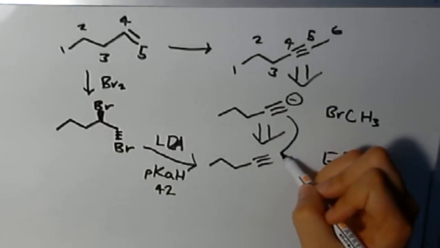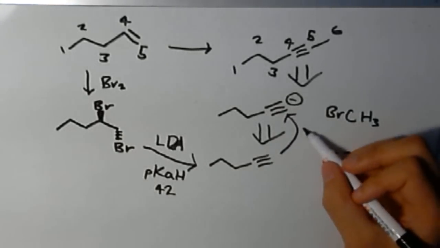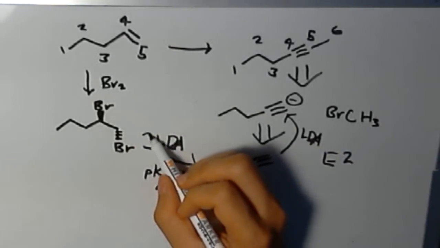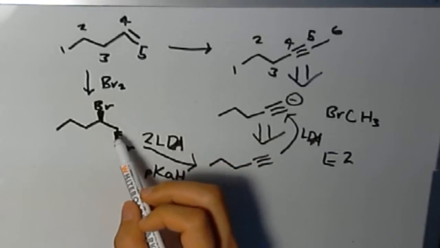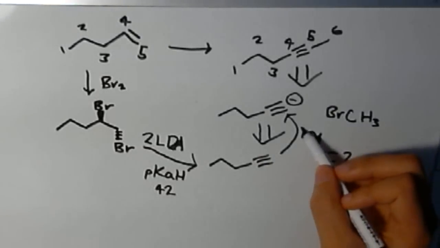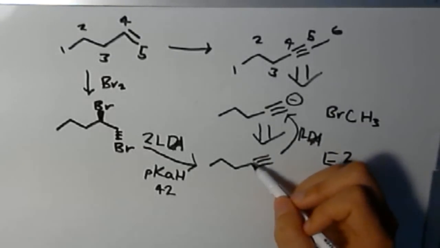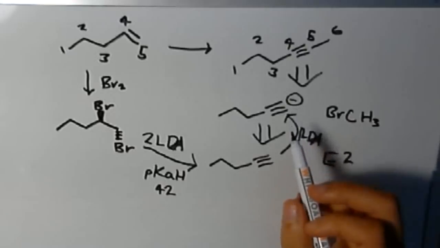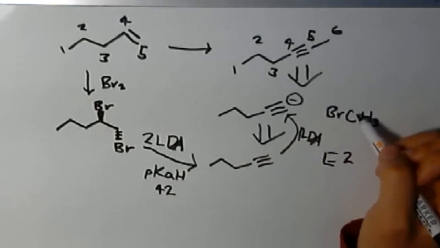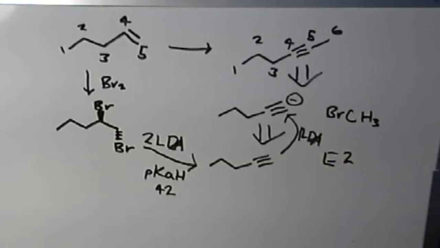So how do we go to the alkyne? Add more LDA. So here we need 2 equivalents of LDA because we're eliminating 2 protons. Here we need 1 equivalent of LDA because we're taking off that proton, right? And now these 2 compounds are just going to interact by themselves. Right.